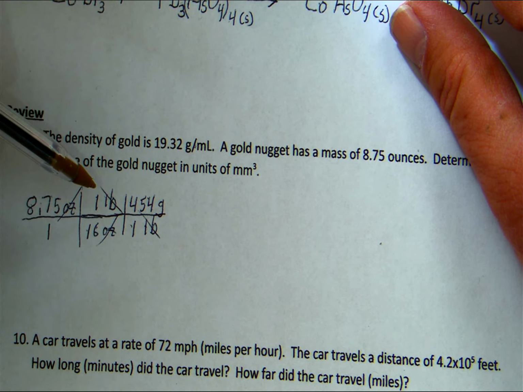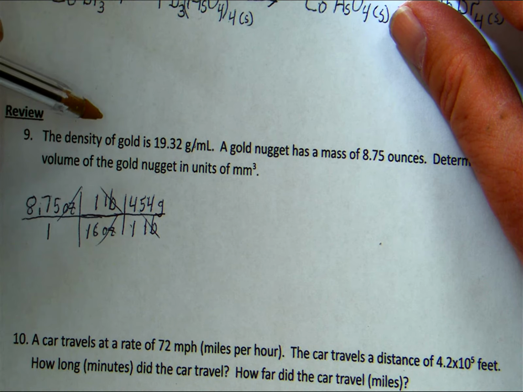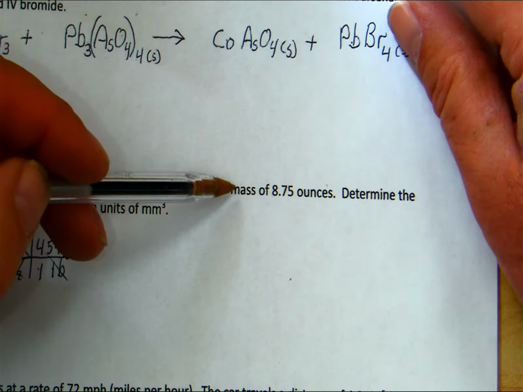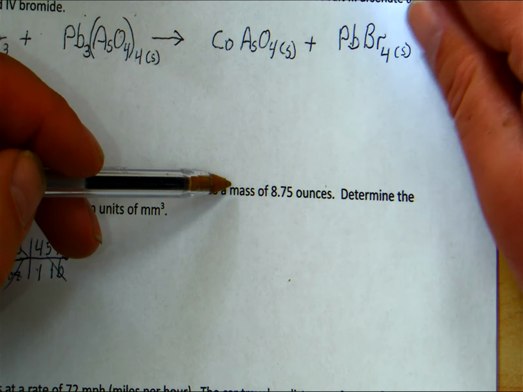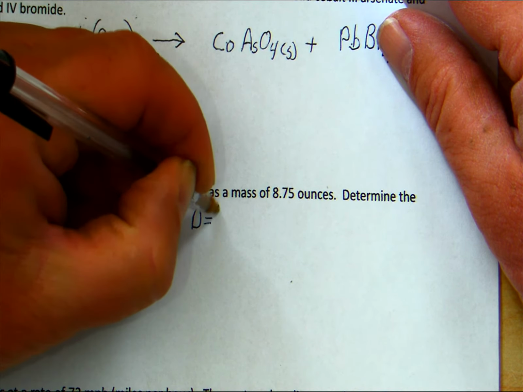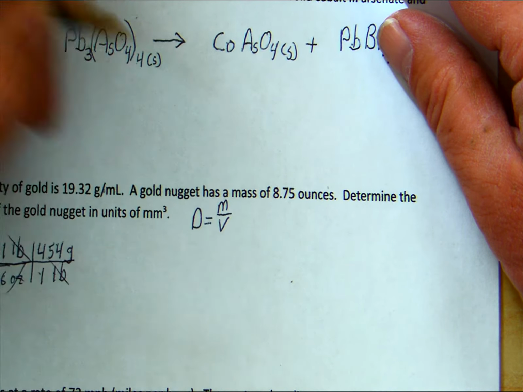Separately, we want to figure out the volume, knowing the density and its weight. It says here mass, but really ounces is weight. Of course, the formula is density is equal to mass divided by volume.